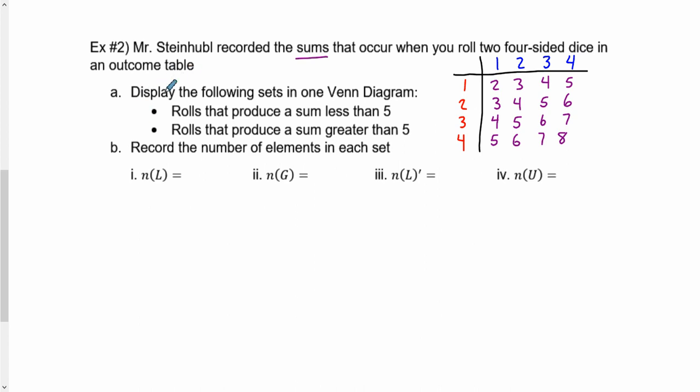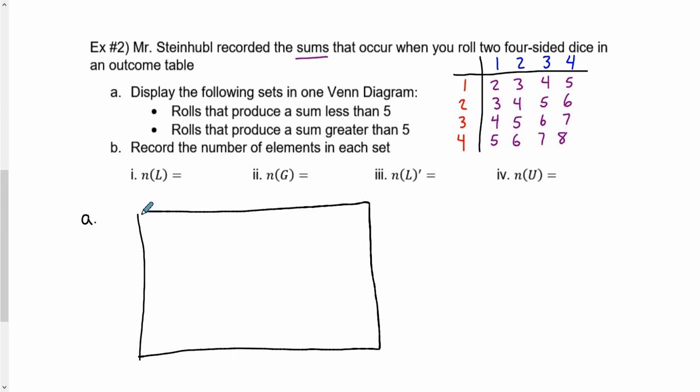So first thing we're going to do is we're going to display the following sets in a Venn diagram. So these are just all what the sums are. Let's do a Venn diagram for this. So we have a nice big box, which is going to represent every single sum. We'll call that the universal set. Now we're going to have two sets.